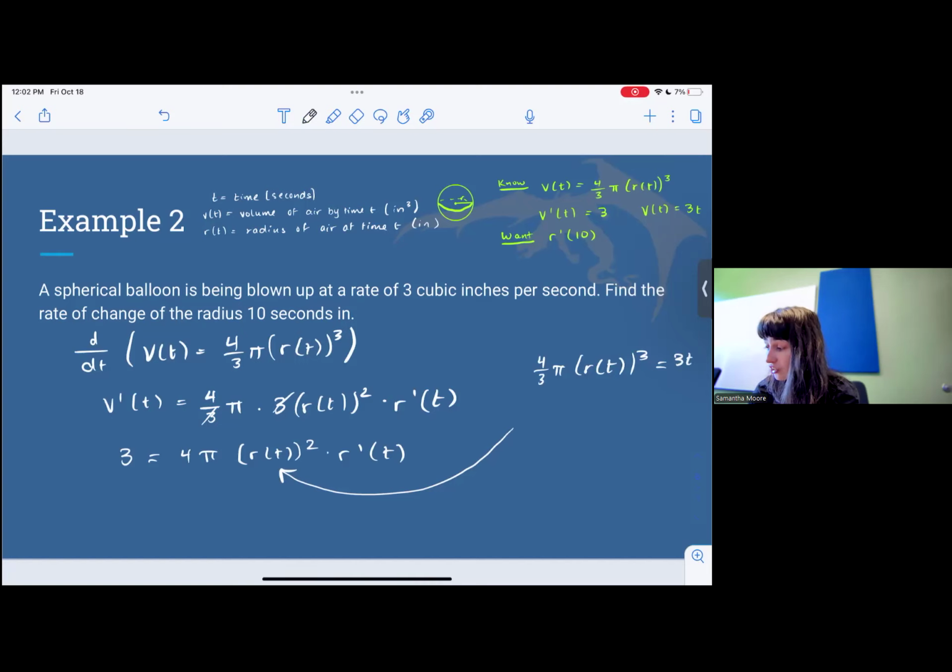So if I solve this for r(t), then I would have an equation for r(t) in terms of just t. So I multiply both sides by 3 over 4 pi, and I get 9t over 4 pi equals r(t) cubed. And so I can replace r(t) by the cube root of 9t over 4 pi.